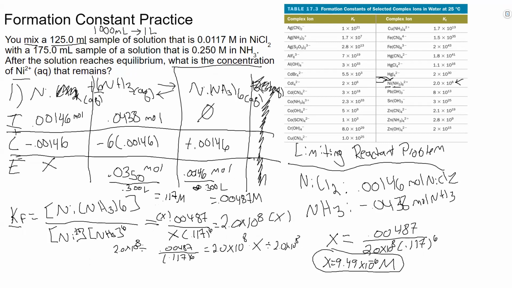And that's how you solve a formation problem. Just to recap, you have to write down the chemical reaction. You have to find out your initial concentrations of your reactants. You have to decide which one is going to be used up first, your limiting reactant. Your change column in your ICE table is that amount of limiting reactant.